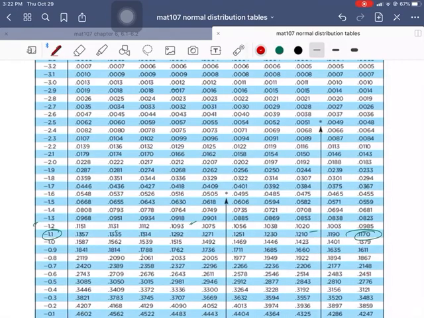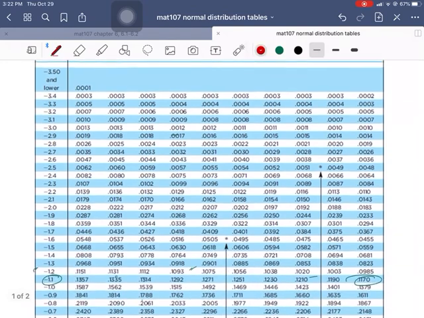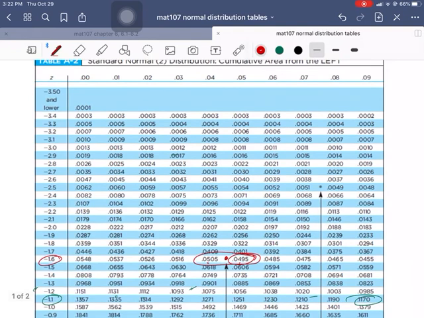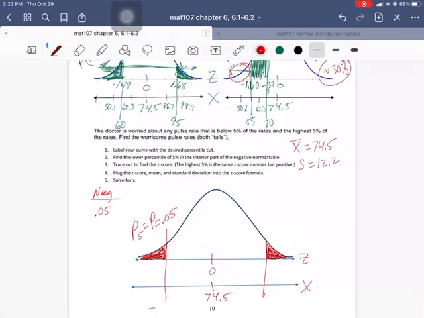If we go to the negative table and find 0.05 right in here, that's where that little star is, I'm going to find out I'm exactly between, and you're supposed to go up. So this is negative 1.6 and 5. So this is going to give me a z-score of negative 1.65 going up to the 5.